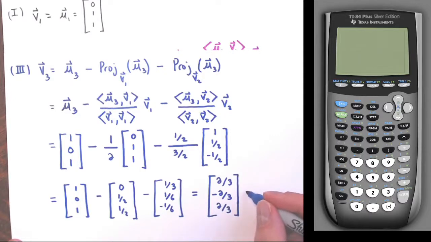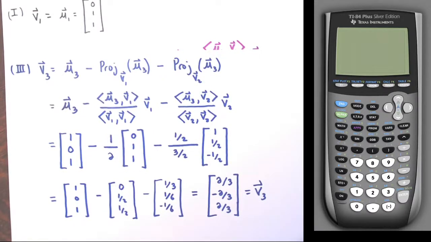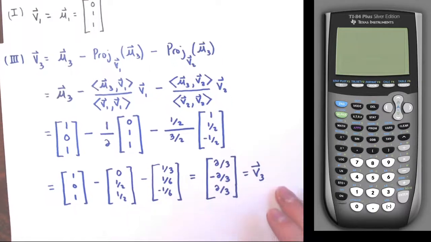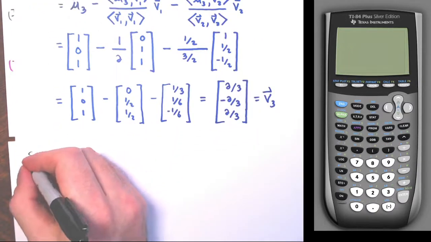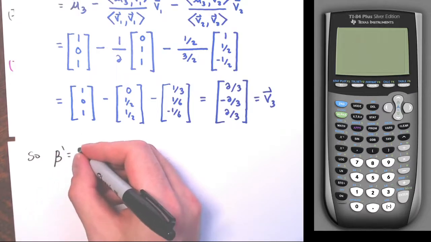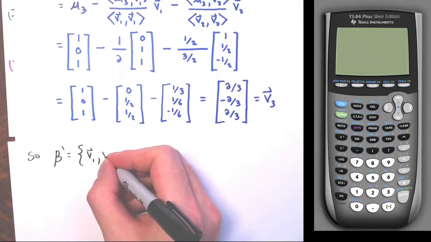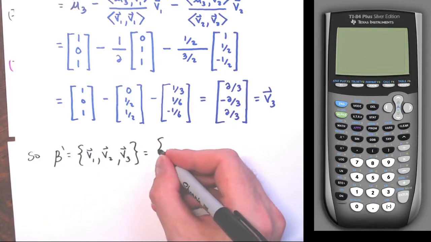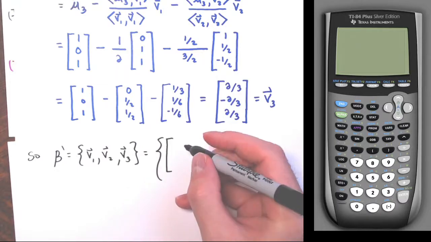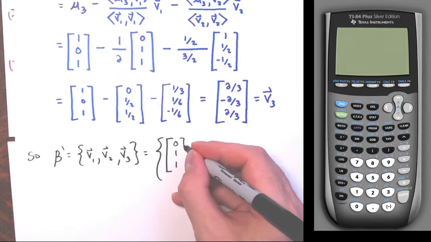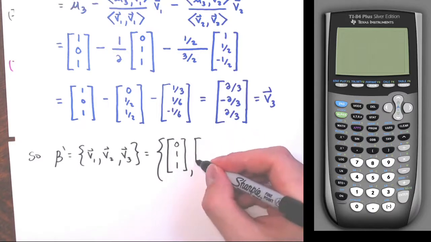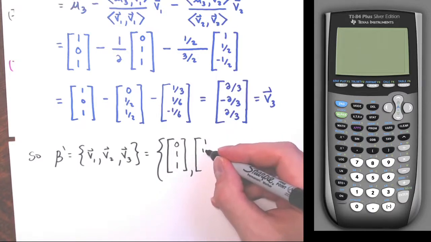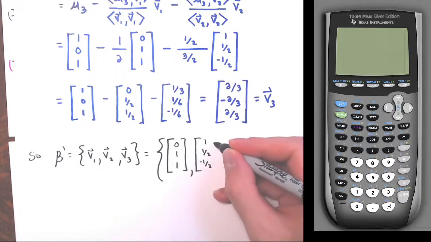So there's v3. I have my orthogonal basis now for R3. So B prime, equals v1, v2, v3 through this Gram-Schmidt process is the set of vectors. v1 was just u1, 0, 1, 1. v2 was that vector 1, 1/2, negative 1/2.